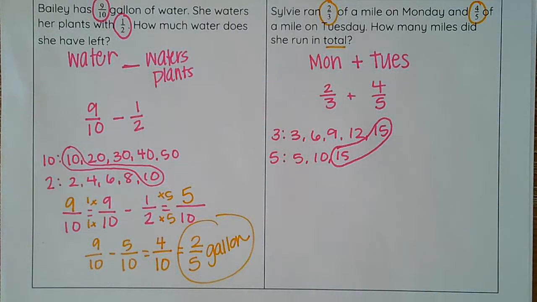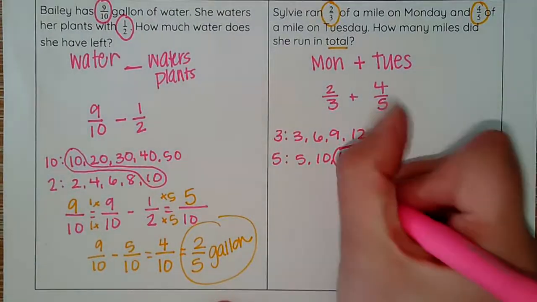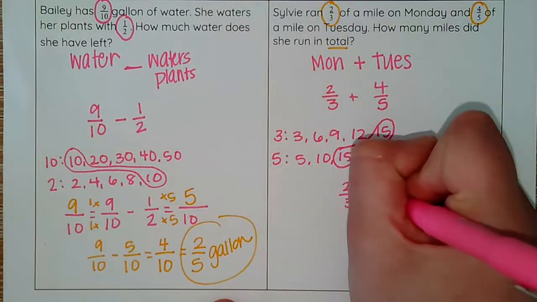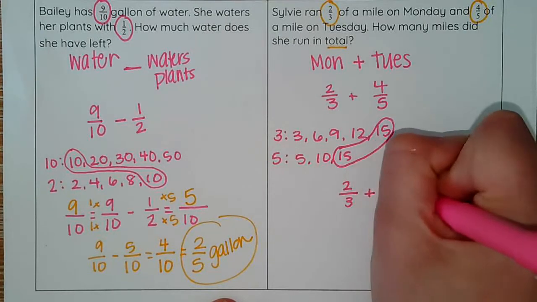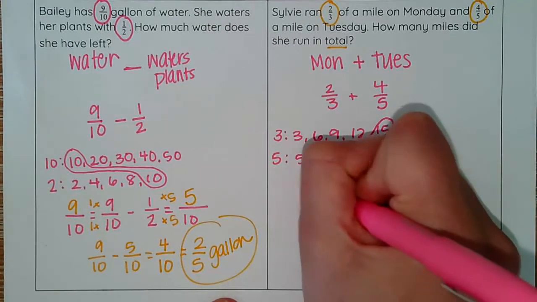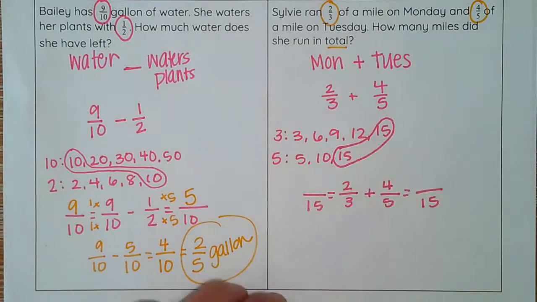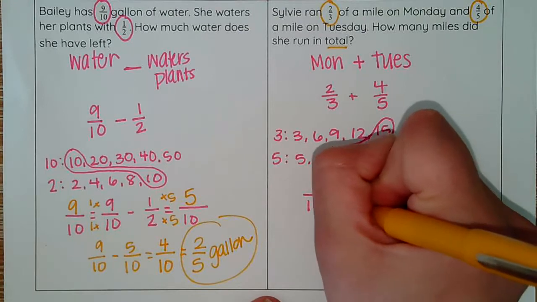All right, so now I want to rewrite these fractions, find their equivalents that have that denominator of 15. That will allow us to add because they have the same number of parts then. To get from 3 to 15, I multiply by 5.